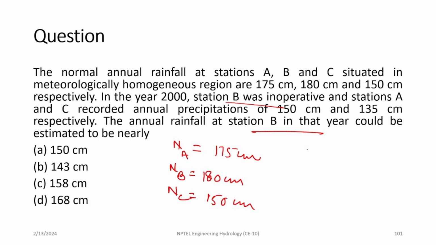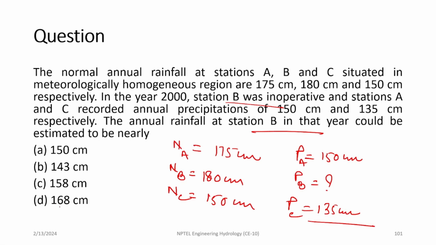For the precipitation in the year 2000, PA is about 150 centimeter. Don't confuse with this value because it is annual precipitation. For B they don't have the value because it became inoperative, and for C the precipitation is about 135 centimeter.